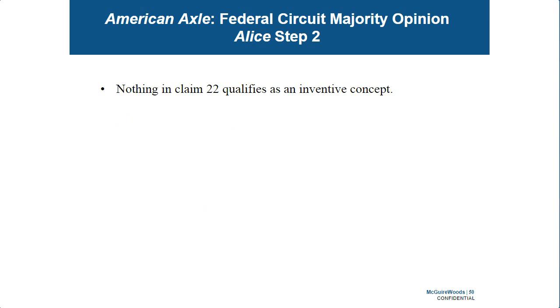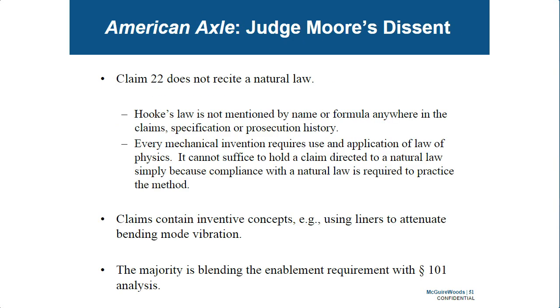Judge Moore dissented, and Judge Moore's dissent was scathing. She said, Claim 22 does not recite a natural law. Hooke's law is not mentioned by name or formula anywhere in the claim's specification or the prosecution history. There's nothing about Hooke's law in the patent. And Judge Moore went on to say, every mechanical invention requires use and application of the law of nature, or law of physics. It cannot survive to hold a claim directed to natural law simply because compliance with the natural law is required to practice the method.